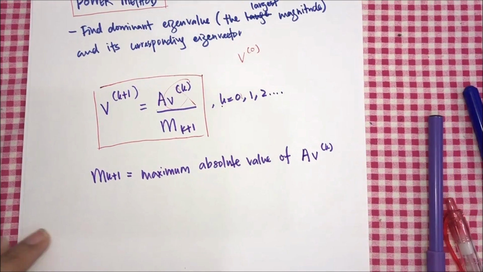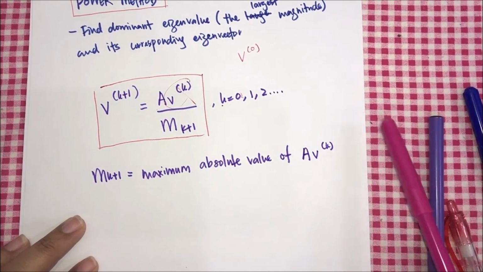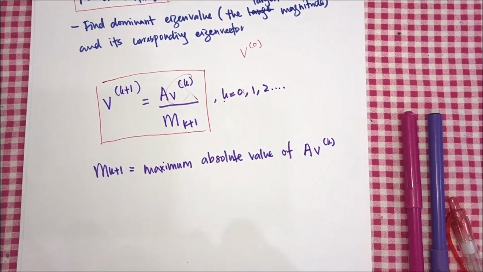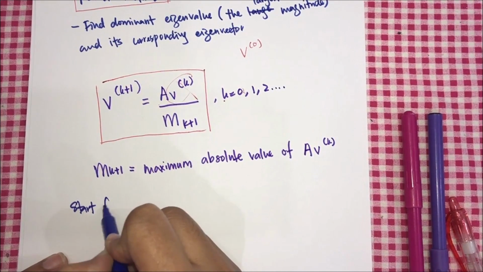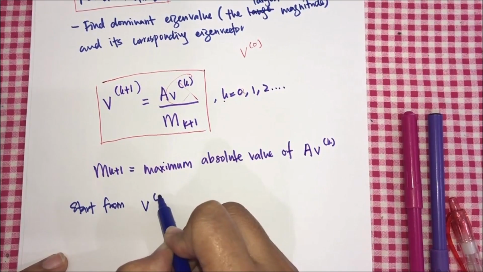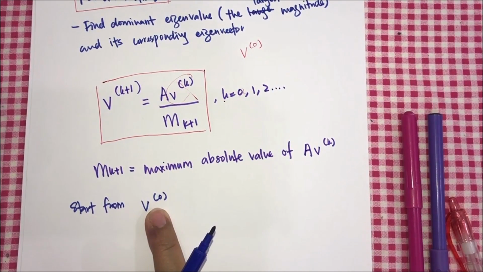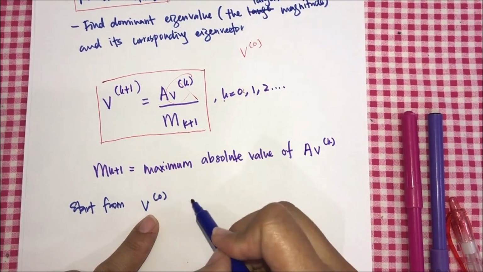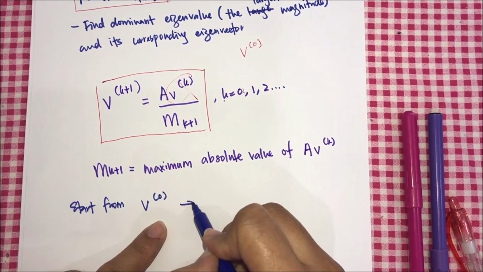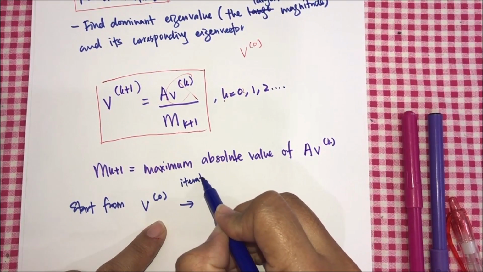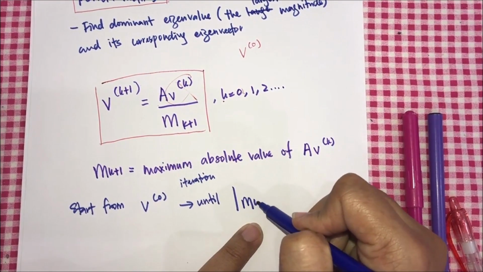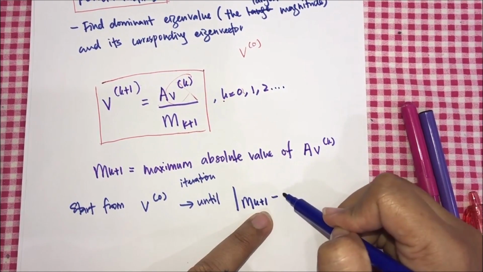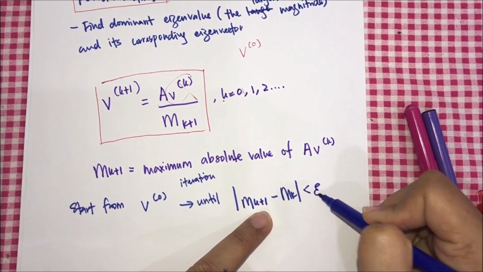So we start to do the iterations, the power method, starting from v naught, the initial eigenvector. We have to do the iteration until the absolute value of m k plus 1 minus m k is less than epsilon.